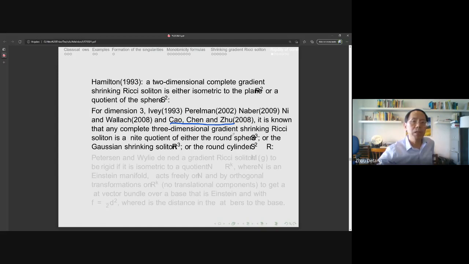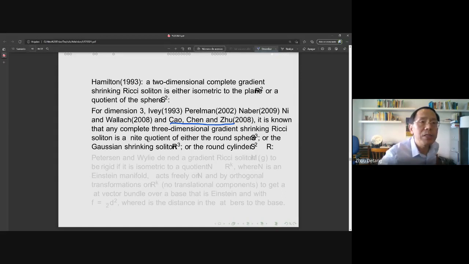All the three-dimensional gradient shrinking Ricci solitons are, there are some mistakes with the PDF here, either the round sphere or a quotient of it, or the Gaussian Ricci soliton, or the quotient of the round cylinder.